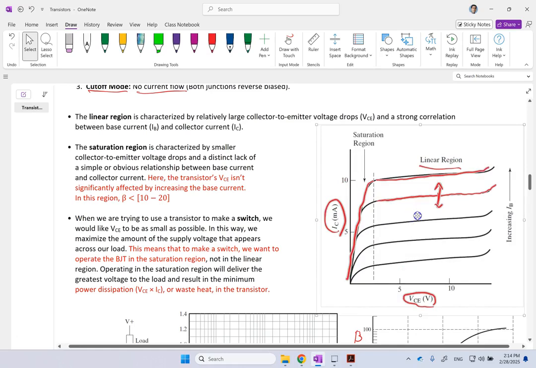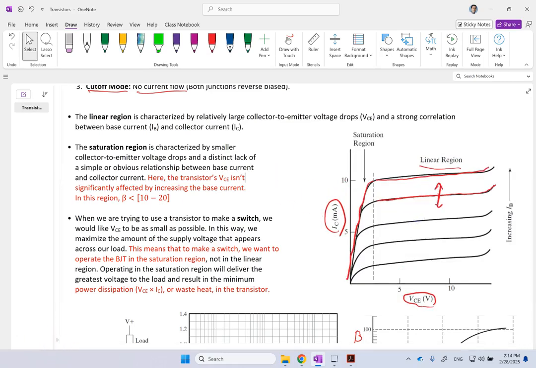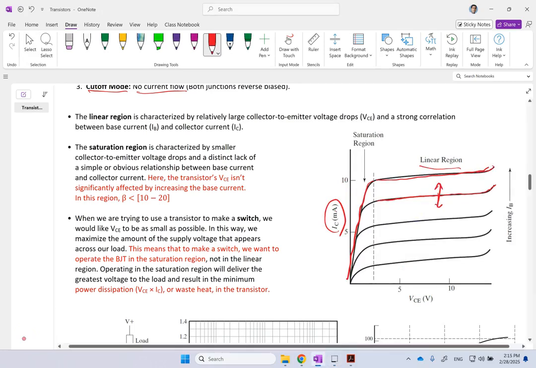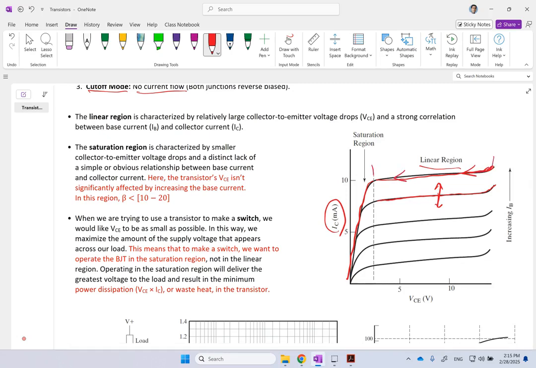Let me bring this down so you can see better. As I go in this linear region from right to left, as I move in this direction, from this point to this point, you see that my voltage collector emitter has a huge drop, okay?